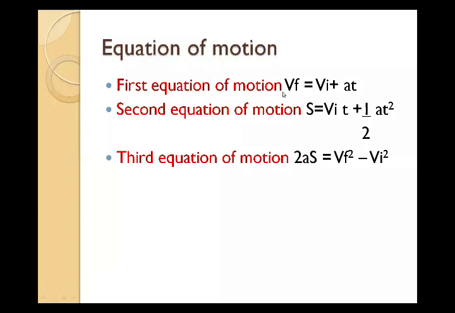The first equation of motion is Vf equals Vi plus at, where Vf represents the final velocity, Vi represents the initial velocity, a stands for acceleration, and t stands for time. The second equation of motion is S equals Vit plus half at square. And the third equation of motion is 2as equals Vf square minus Vi square. Remember that Vf stands for final velocity and Vi stands for initial velocity.